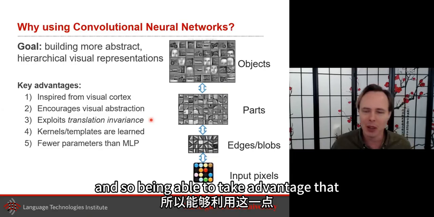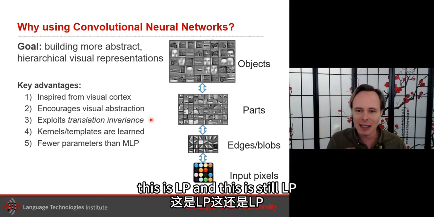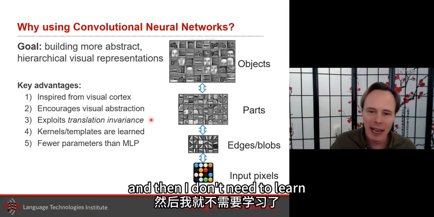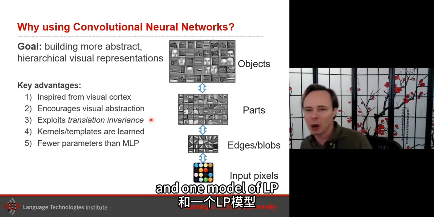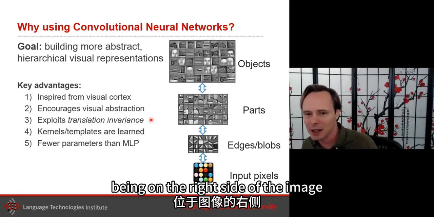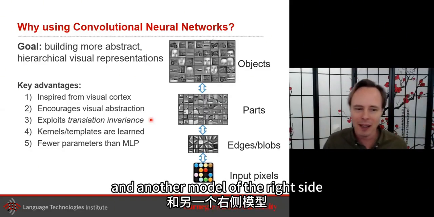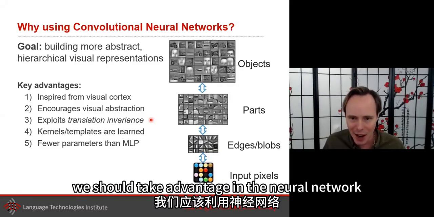And so being able to take advantage that this is LP and this is still LP, I don't need to learn one model of LP being centered and one model of LP being on the right side of the image and another model for the left side. That is something we should take advantage of in the neural network.